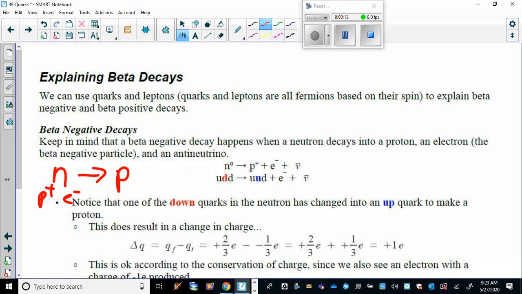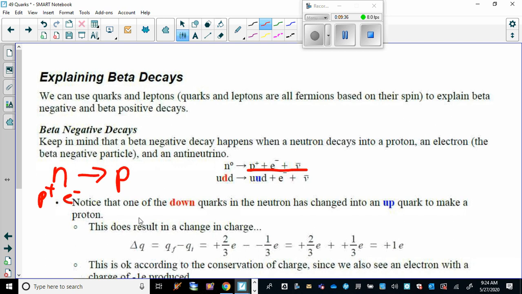But we can explain that also in terms of quarks. Neutron, proton, and then an antineutrino. Well, what actually happens is one of the down quarks changes to an up quark. And that's how we explain beta decay, the weak nuclear force.